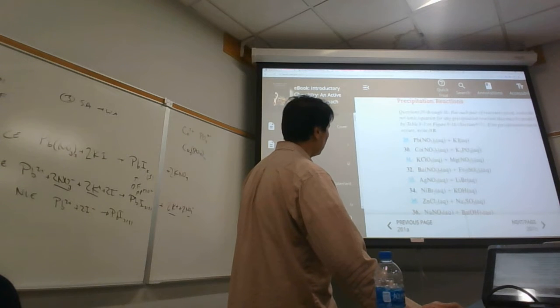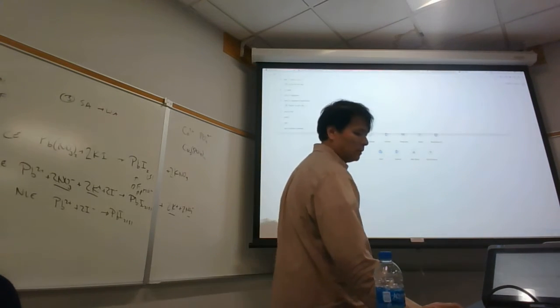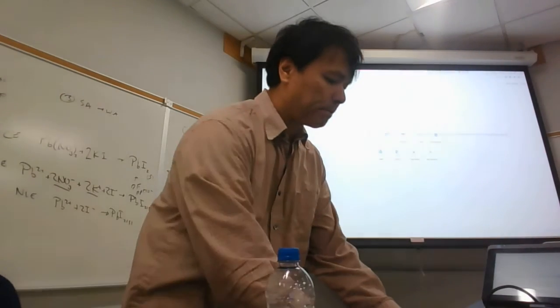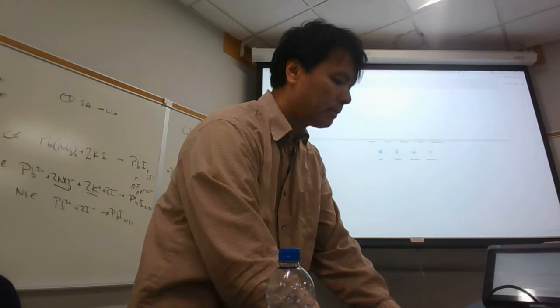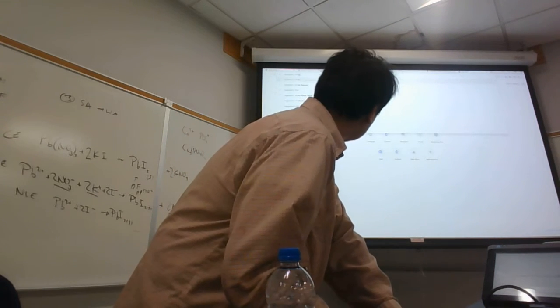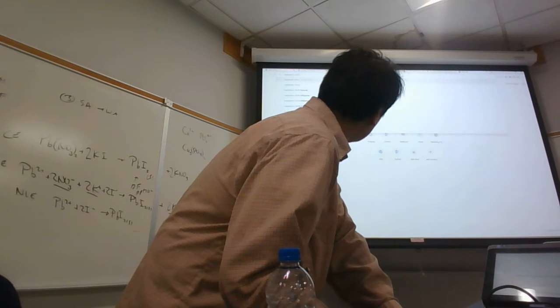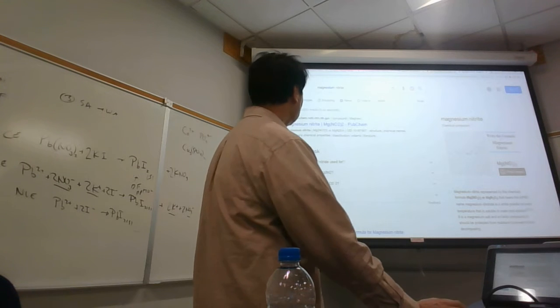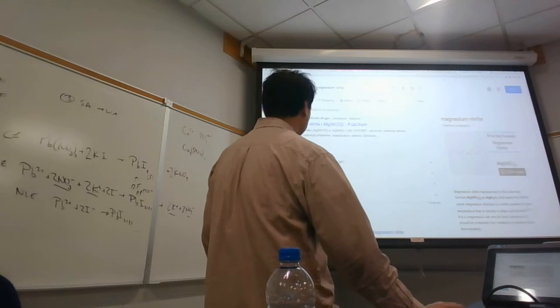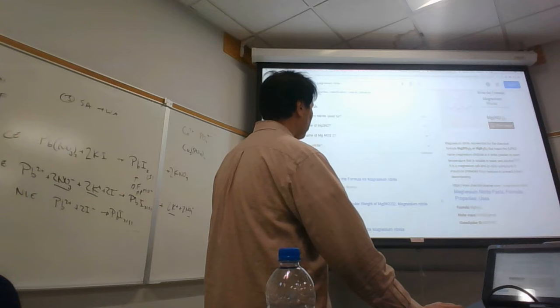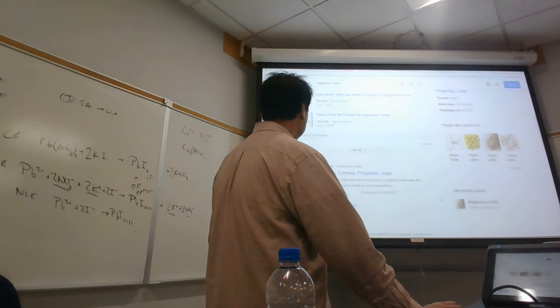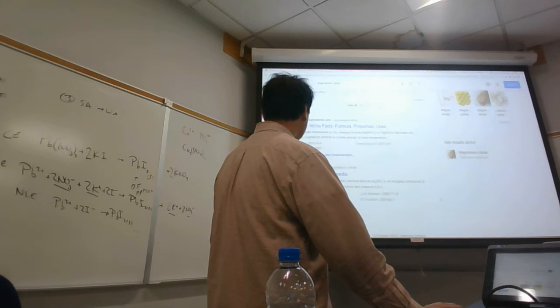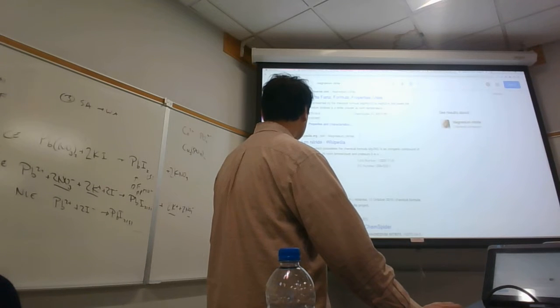Or we could just look it up online, magnesium nitrite. See what it says. I like Wikipedia, the way they have it organized. They might not have it.